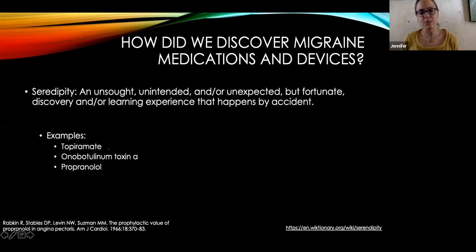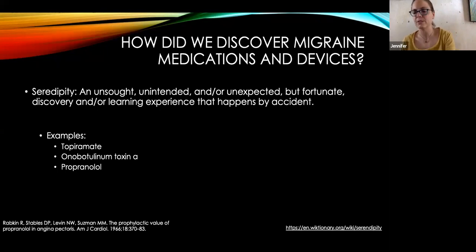In the case of topiramate or Topamax, which some people take for headache prevention, that one was developed as a seizure medicine. And then after they got FDA approval for that, they started looking at other things that might be helped by that medicine, and found that headache was one of them. And of course, Botox, that was something people were doing cosmetically in the face, and for other stuff like spasms, and noticed, hey, headaches are getting better as well.